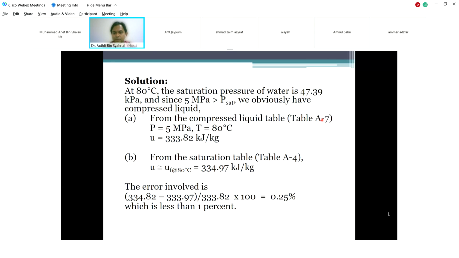But in table A7, the data is very limited. We have 6 columns only, where the pressure is limited to 5, 10, 15, 20, 30 and 50 megapascal.